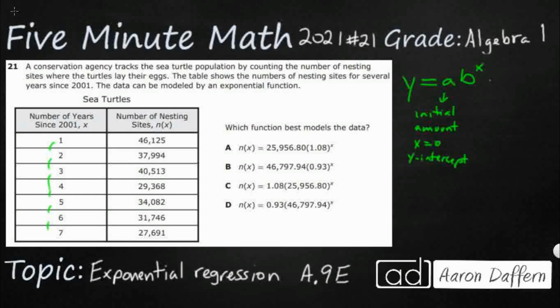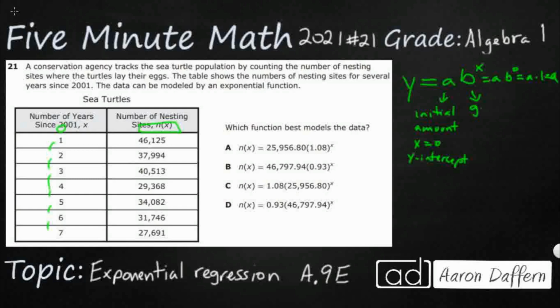If I were to plug in 0 right up here, it would be a times b to the 0 power. Anything to the 0 power is simply 1, so it would just be a times 1, or a. Unfortunately, we don't have a 0 right here, which would be very helpful. If we had a 0, whatever this number is would be my a term. So we don't know.